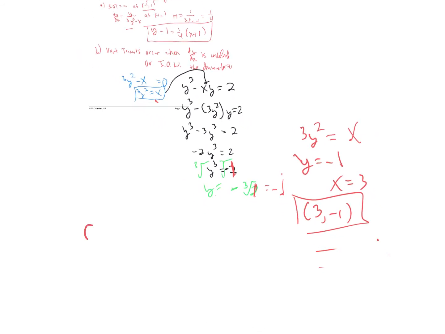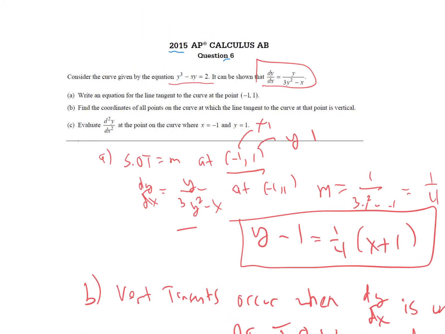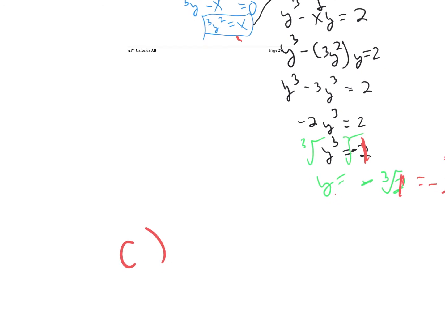C. Okay, back up to C. Evaluate the second derivative at the point of the curve where x equals negative 1 and y equals 1. Okay, so we want the second derivative, d²y/dx² at the ordered pair negative 1, 1.